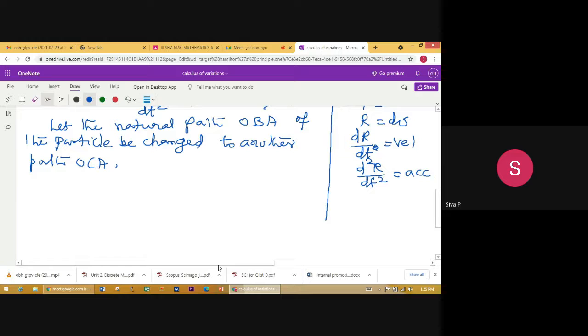One more question I am asking. What is meant by steady state? What is meant by unsteady state? Last semester we discussed the steady state and the transient state.